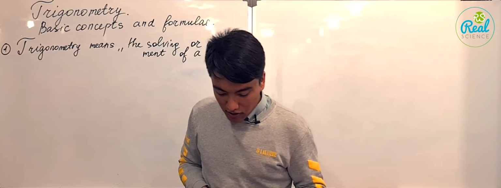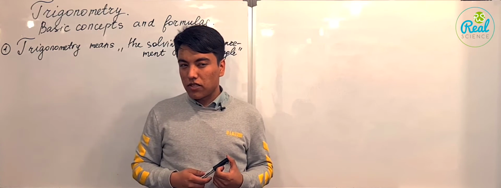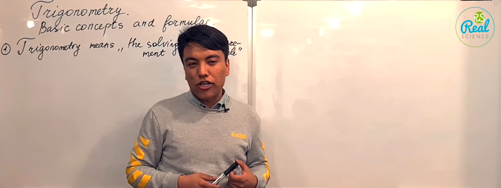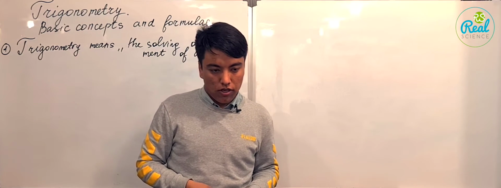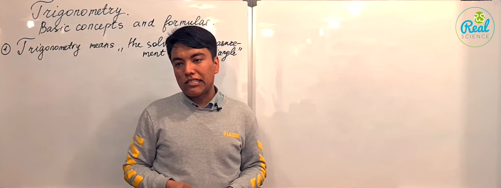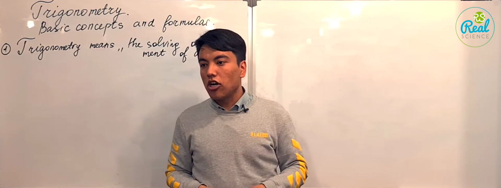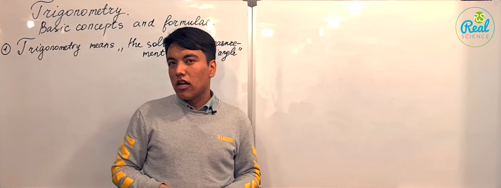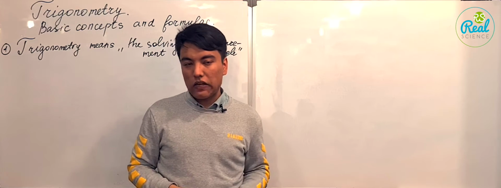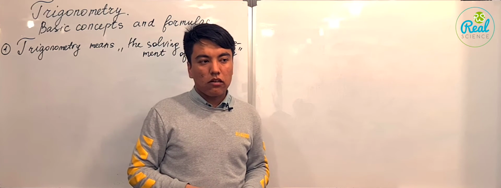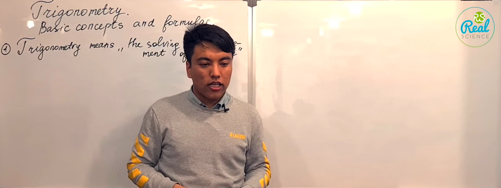Okay, so first of all, we'll start basic concepts and formulae. How is trigonometry explained in algebra, not in geometry? In algebra, it's a little bit different, but what we learn in geometry might be partly the same, but not fully. Partly the same. Okay? What does it mean? In geometry, we define it by using right triangle trigonometry.